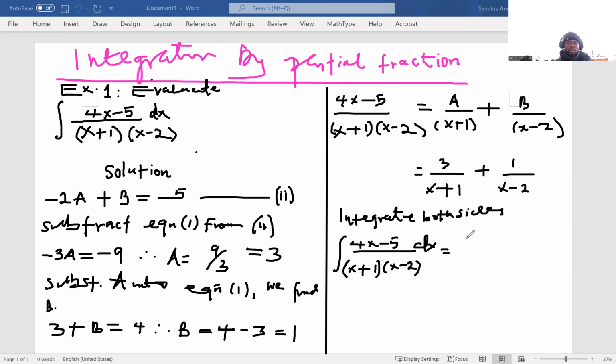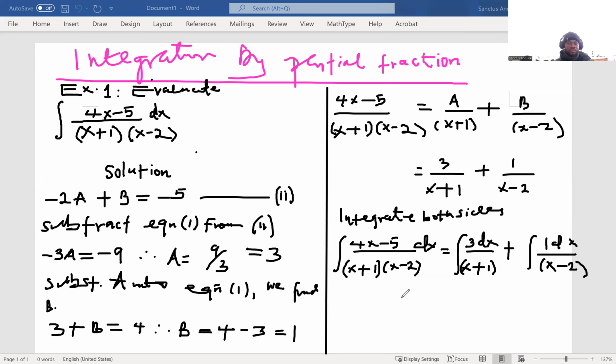This should be the integral of 3 dx over x plus 1 plus the integral of 1 dx over x minus 2.